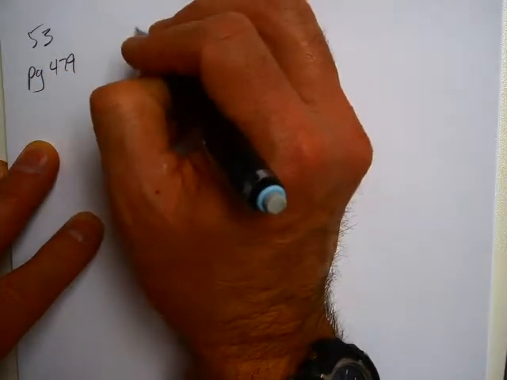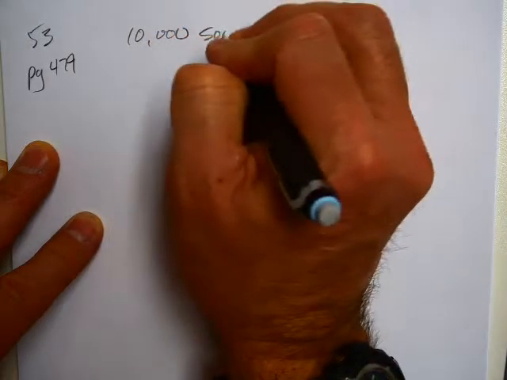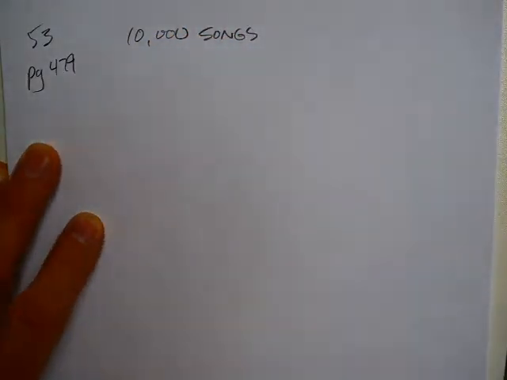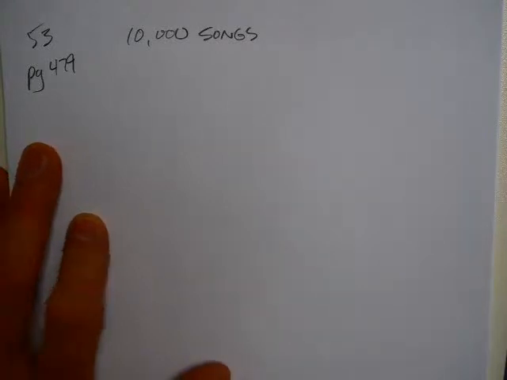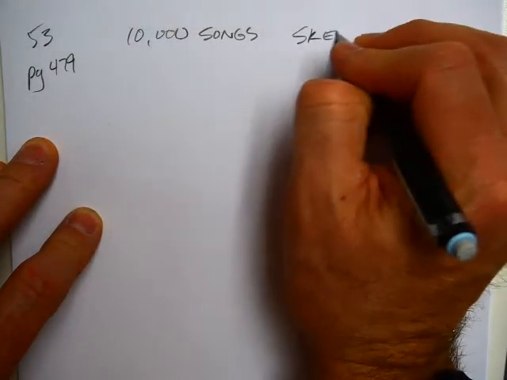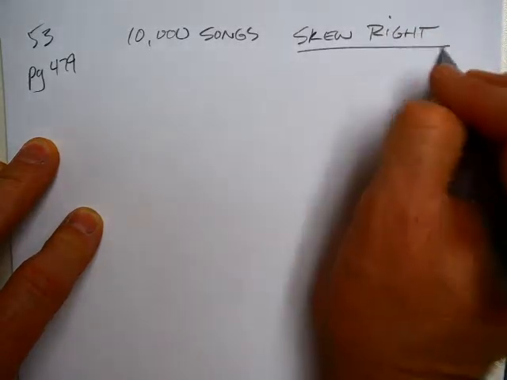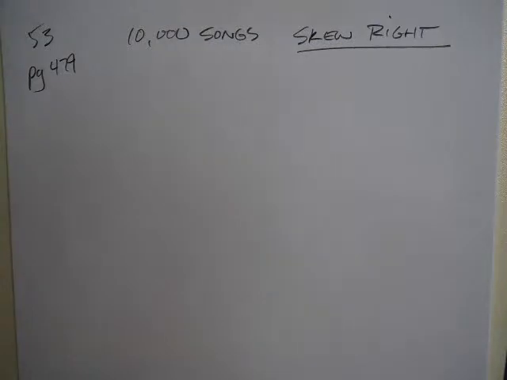So we've got 10,000 songs. It is skew right. Let's talk about that for a second. Why might this be skew right? I'm talking about the length of songs.